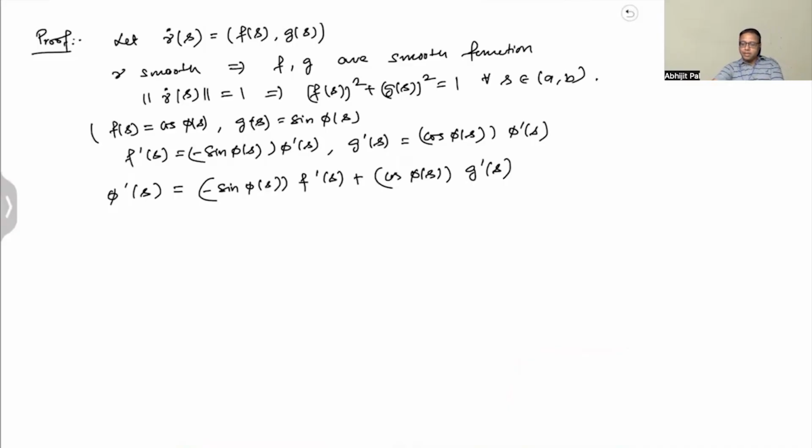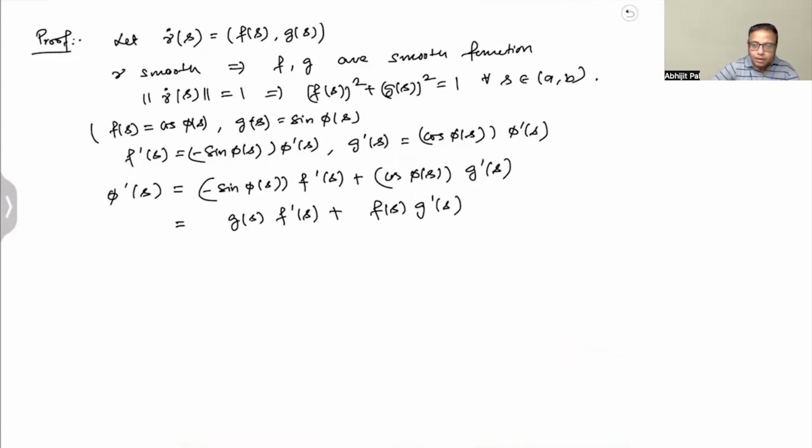So this phi prime s will be equal to this identity, and minus sine phi s is nothing but Gs times f prime s plus cos phi s, Fs g prime s.